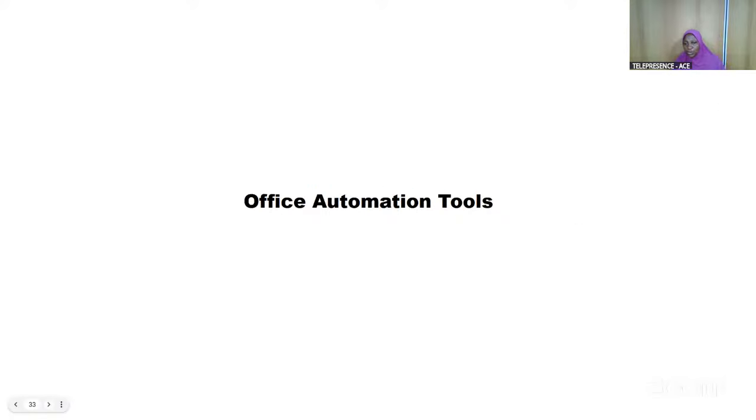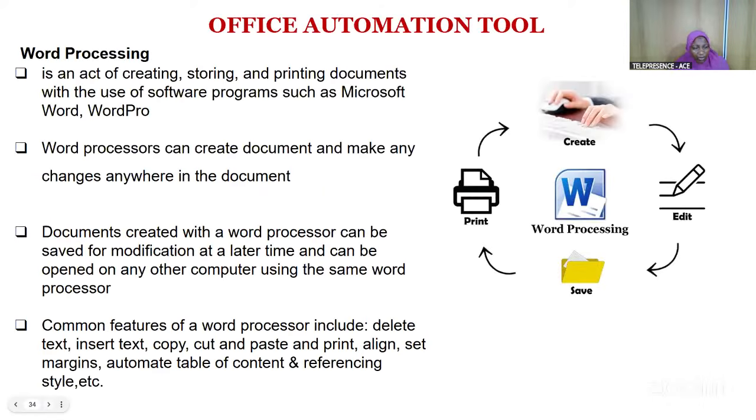So what are the tools? We have talked about the technologies. What are the tools in office automation? One of the tools is a word processor. For a word processor, as you see from what is being depicted on my screen, you can create, you can edit without losing a single sheet.